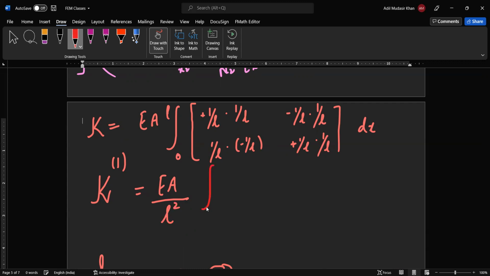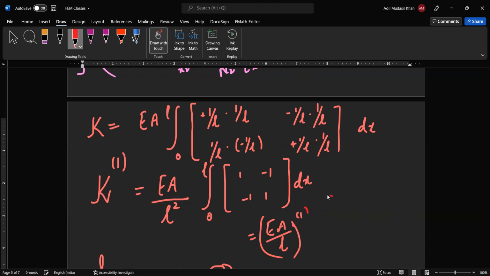Integral 0 to L, then you'll be having 1 minus 1 minus 1 1 d of x integral. So this will be integral 0 to L dx, that's equal to L itself. So the total expression will be equal to EA by L for element 1 into 1 minus 1 minus 1 1. This represents the stiffness matrix for a rod element.